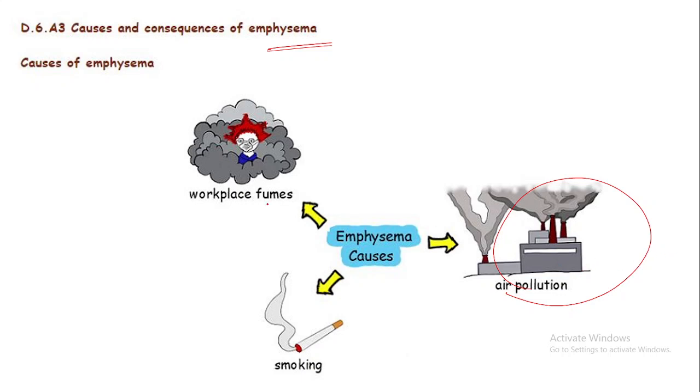Next are workplace fumes. There are people who are working in mines. There are people who work in industries where different kinds of smokes are produced, which can be harmful. They may lead to emphysema, and smoking. So these are the three major causes of emphysema.